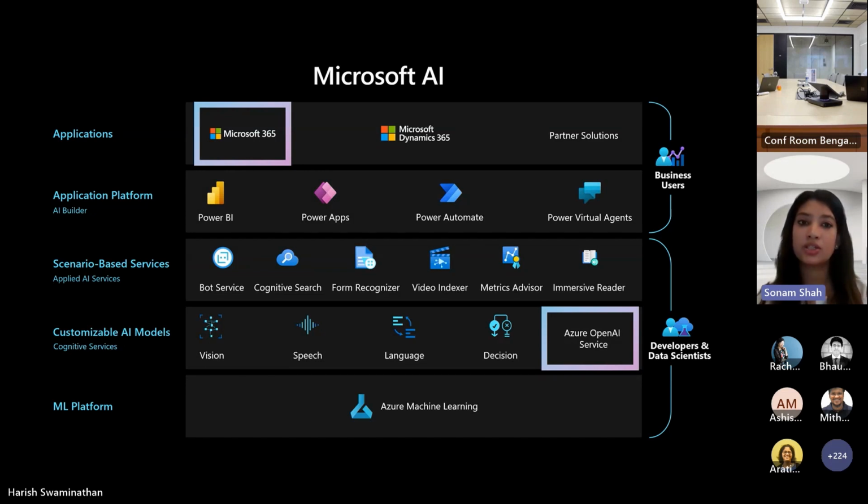Of course, the newest addition to the cognitive family is the Azure OpenAI service, which we'll talk about shortly. Azure Machine Learning provides your data scientists and developers a platform to build, train, and deploy models, even custom models, right? But today we'll focus on how this AI experience is embedded into M365, and Teams is part of M365, right?